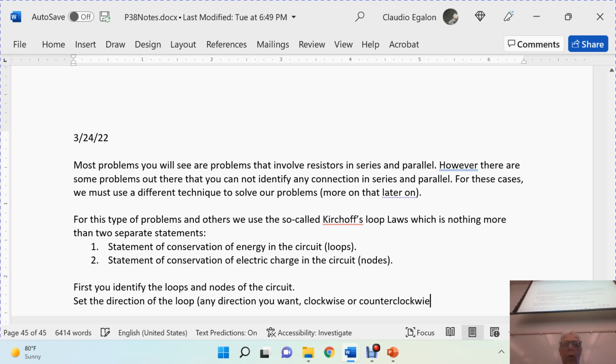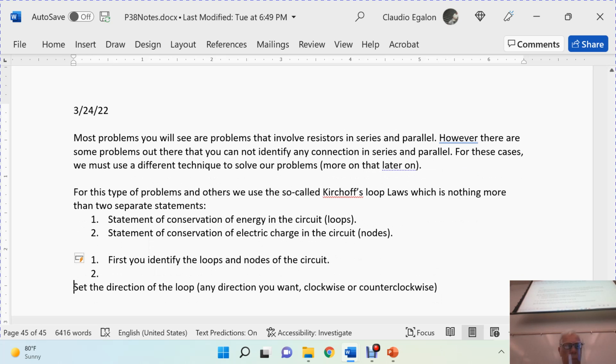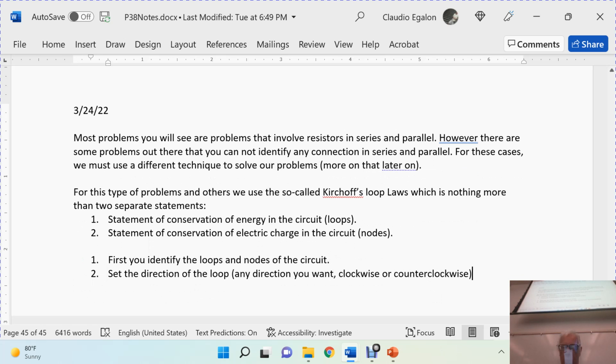Either way is going to work. Then set the direction of the current. Any direction would work as well. Okay, so those are the three important steps that you have to take.